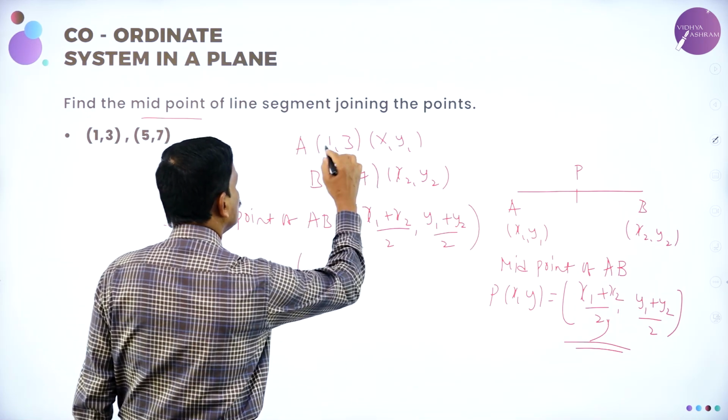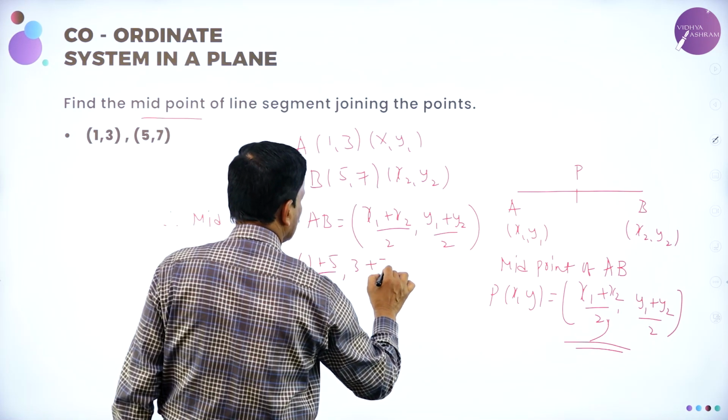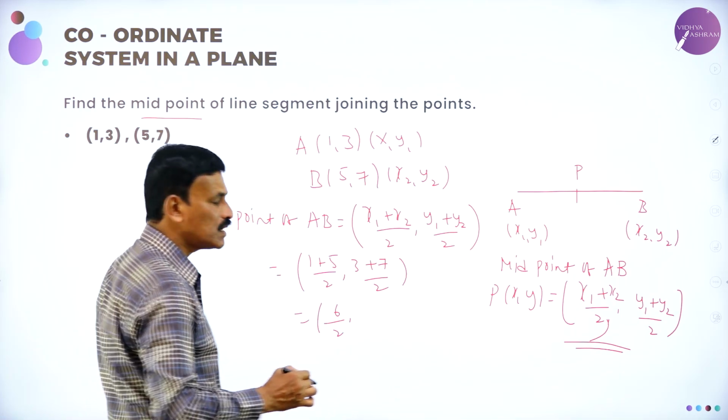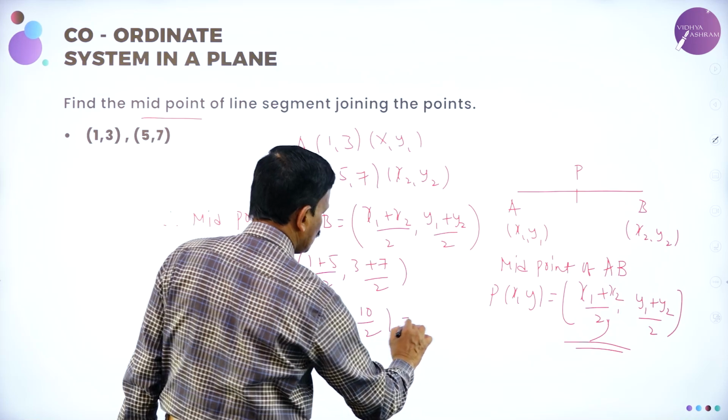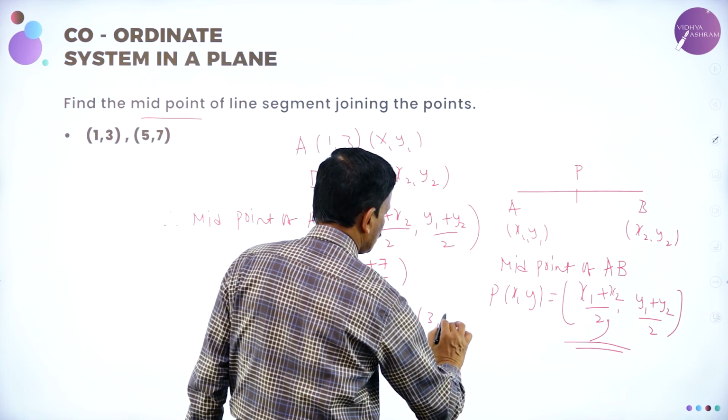Now that's equal to 1 plus 5 divided by 2, 3 plus 7 divided by 2. So 1 plus 5 is 6 by 2, 3 plus 7 is 10 divided by 2. What is this equal to? 6 by 2 is 3 and 10 by 2 is 5.